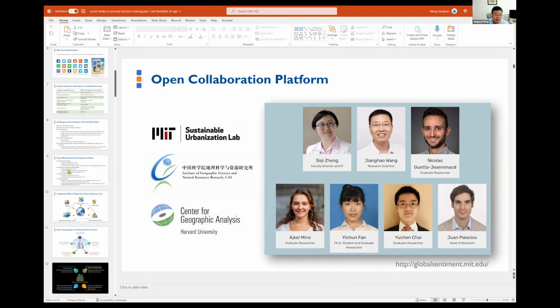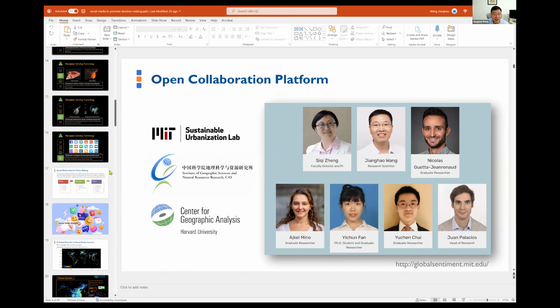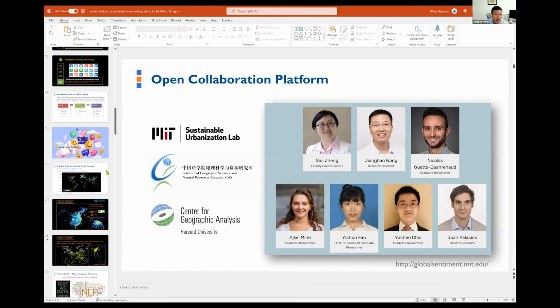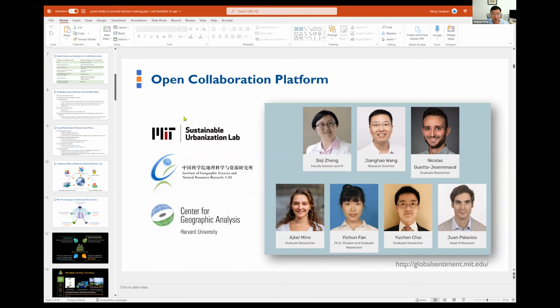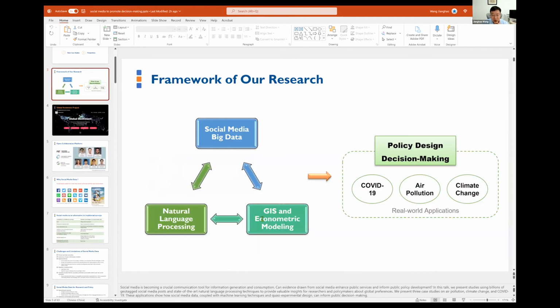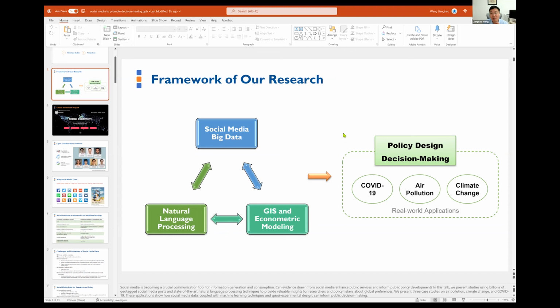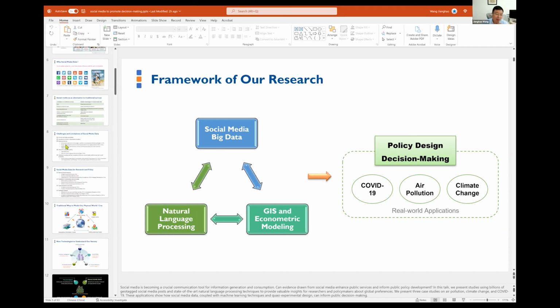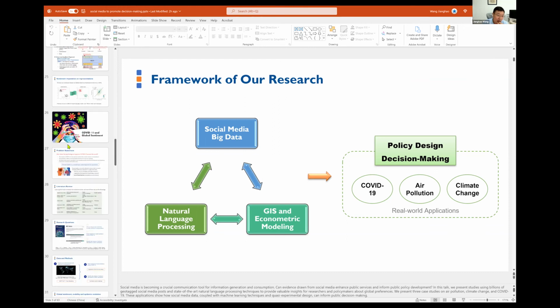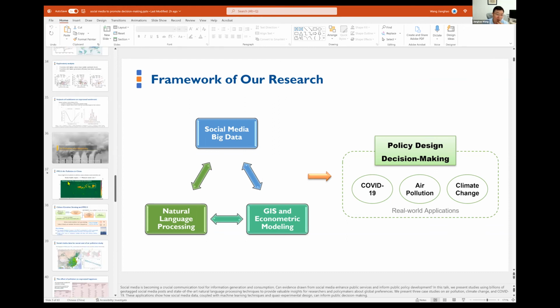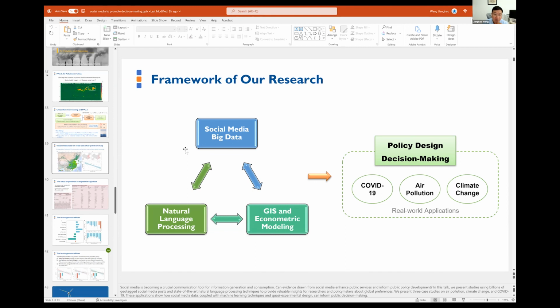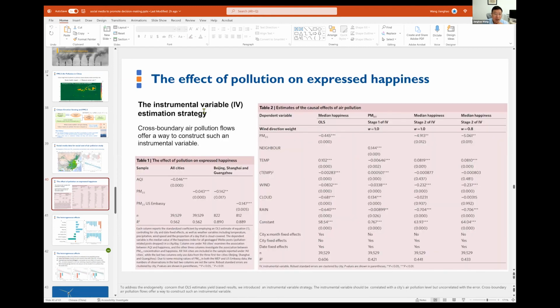I think our innovation is not only using social media content, but also introducing econometrics models into our studies, rather than just relationship or correlation studies. For example, in the air pollution study, our innovation is that we introduce the cross-border effect.